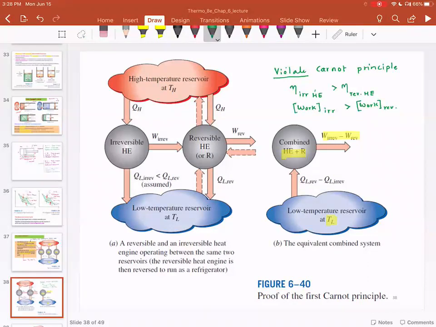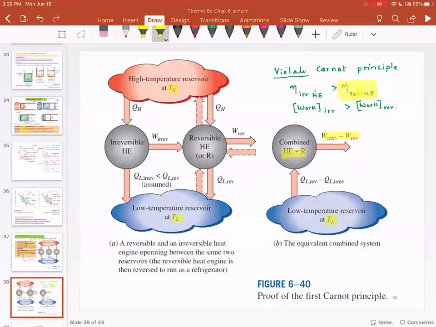That is quite obvious because the reversible and irreversible heat engines are both working within the same temperature difference, TH and TL. If that is the case, I would convert the reversible heat engine into a refrigerator.